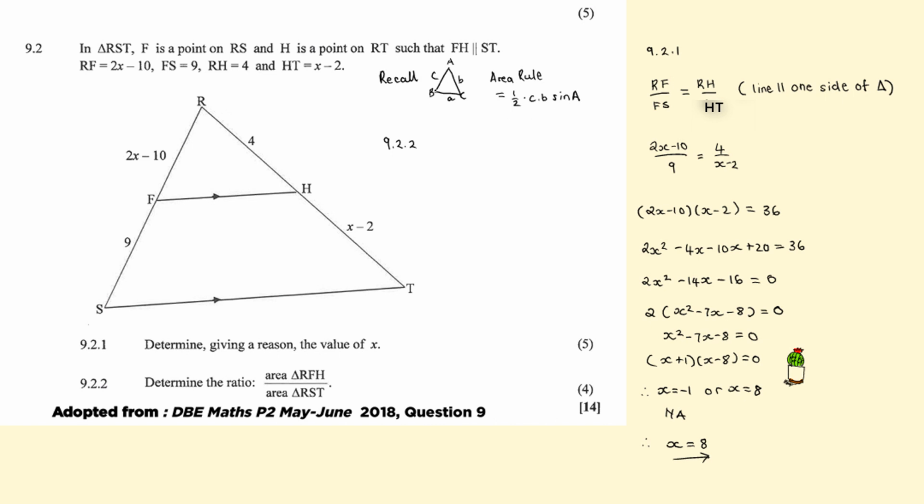Okay, so it would be this side times that side times the sine of this included angle. Okay, so that is exactly what we're going to apply in order to solve this question.